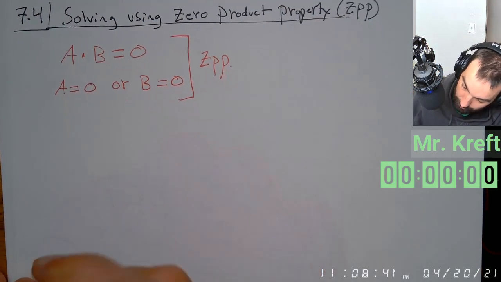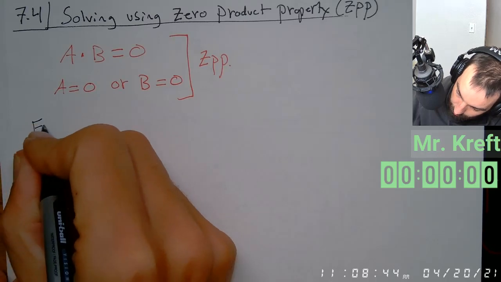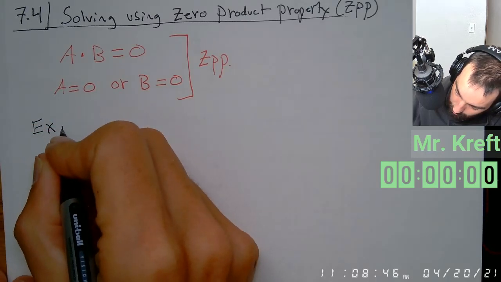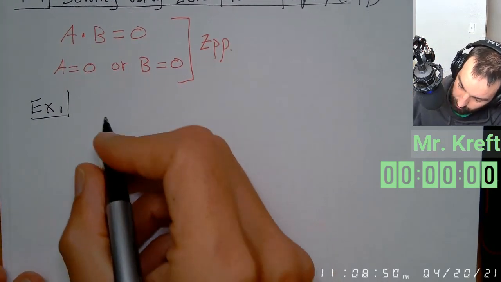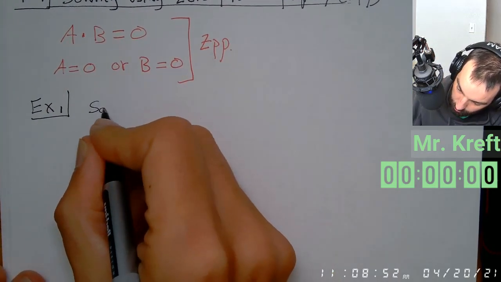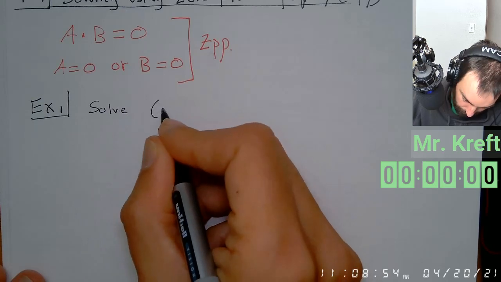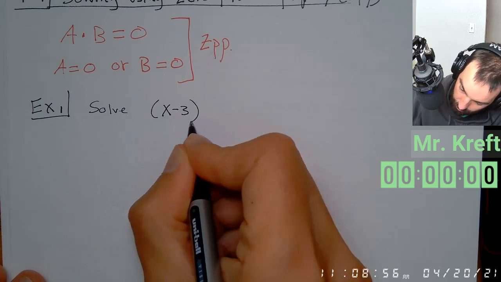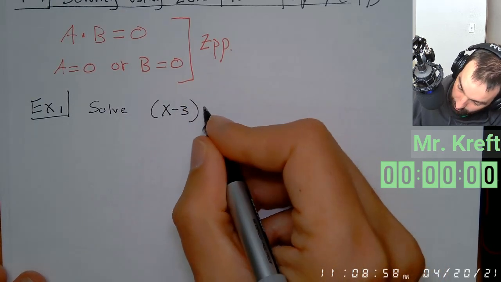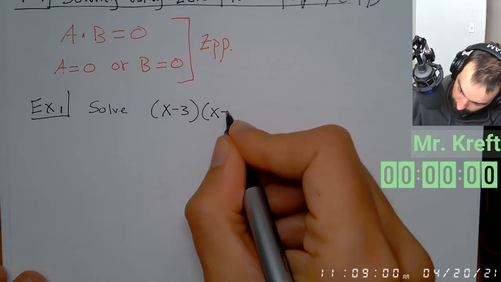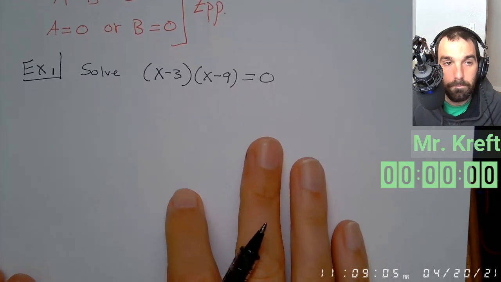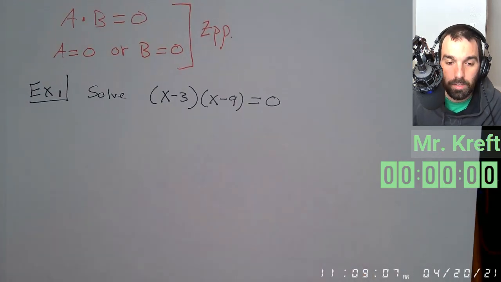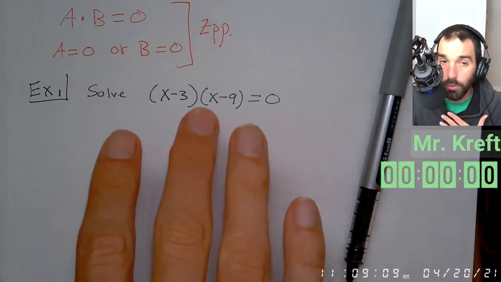Let's call this example 1 because we're in a new section. So let's say we're going to solve the quantity of x minus 3 times the quantity of x minus 9 equals 0.